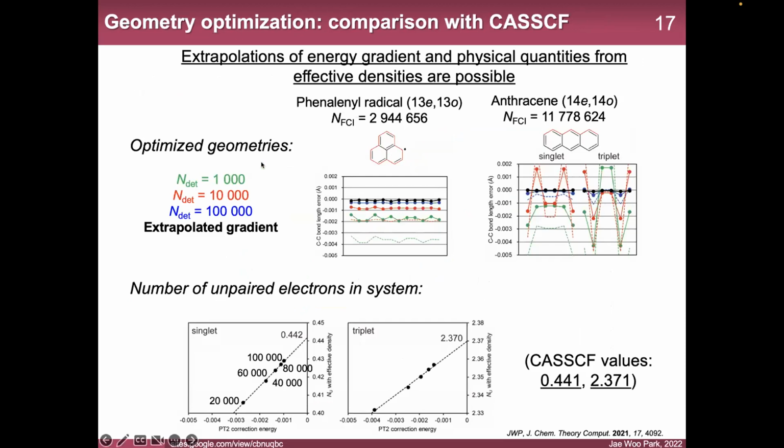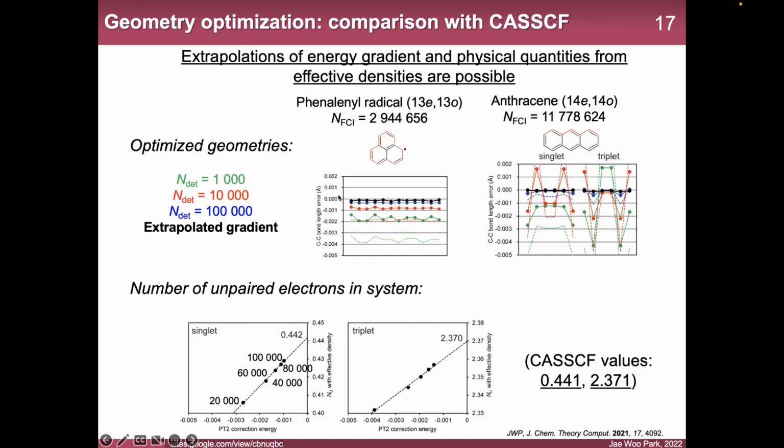And this is the result. First, you can compare with CASSCF, always for the systems where CASSCF is tractable. And I tested this kind of system. And one thing is that you can also extrapolate the analytical gradient so that you can reach almost the CASSCF level gradient.